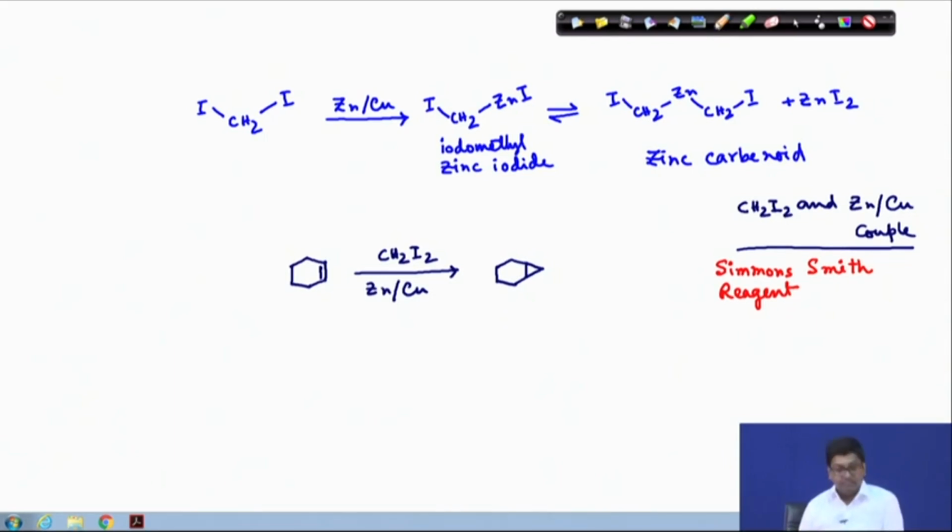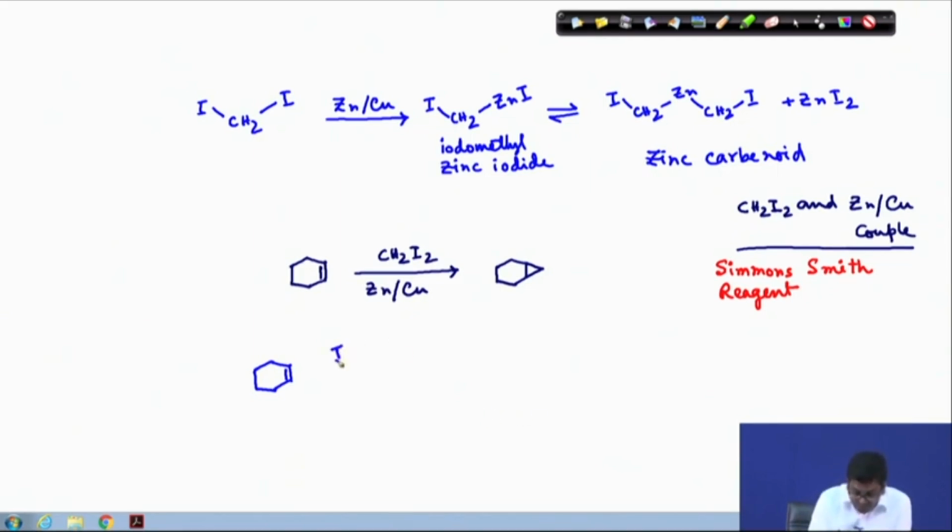Okay. Now, once this reaction is going, the next question is how this reaction is happening, what the probable mechanism could be, that we will learn. Let us see how these reactions can proceed. So, we will take the starting material, that is cyclohexene. Now, as we have already seen, methylene iodide and zinc-copper couple can generate iodomethyl zinc iodide.